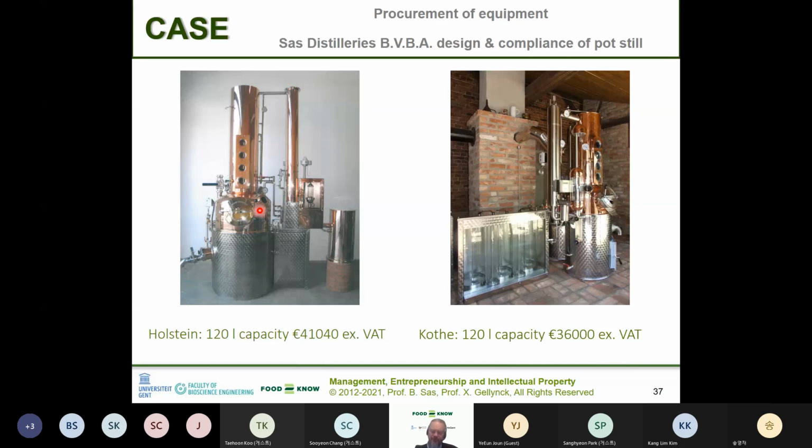So you can imagine that I have a much better competitive advantage compared to some of my competitors also producing spirits, but who had to purchase this much more expensive equipment. So before this is being paid back, they have to produce and sell much more spirits.